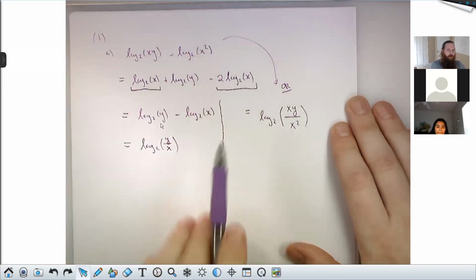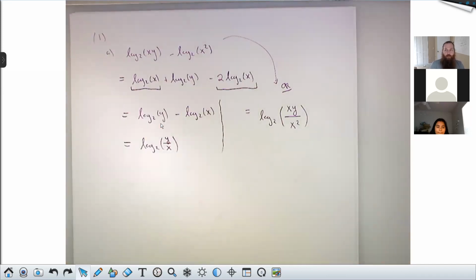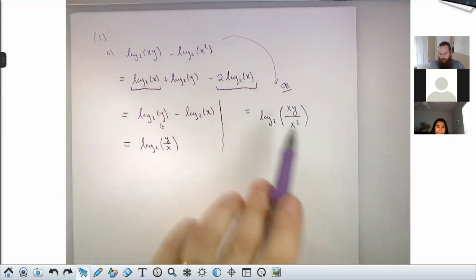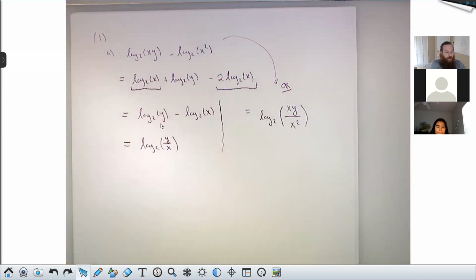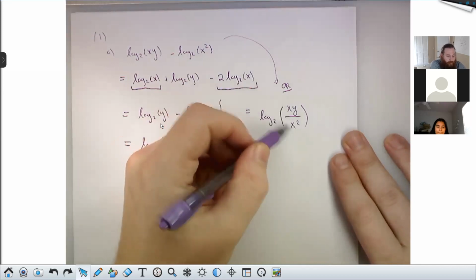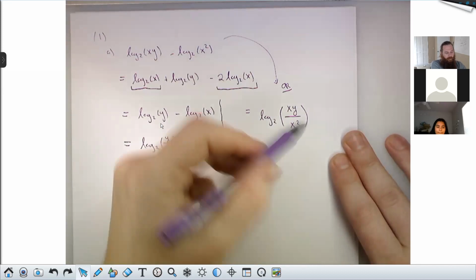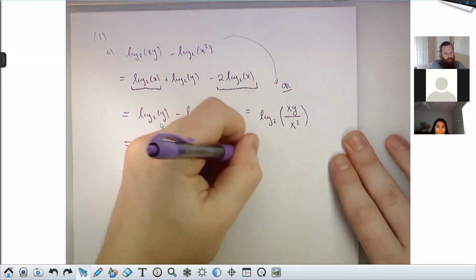I'm using that rule that division inside is the same as subtraction outside, but in the other direction, saying that this difference of logarithms is the same as this log of a quotient. Now within the logarithm, I have xy over x squared. I can cancel one of those x's.